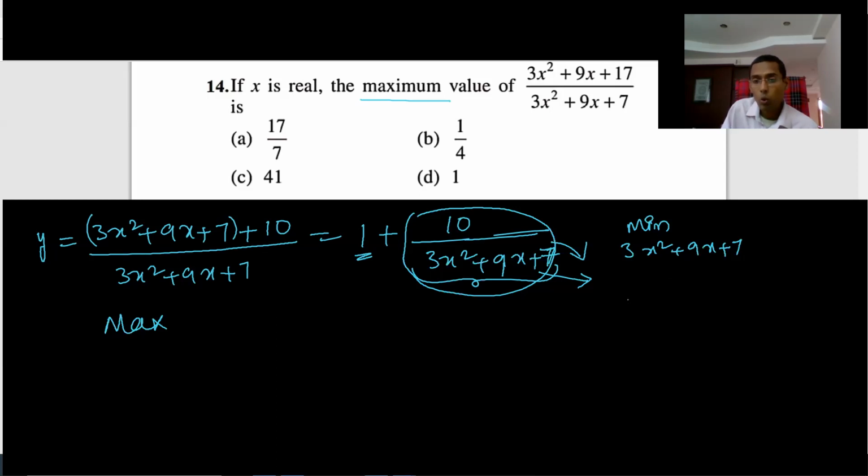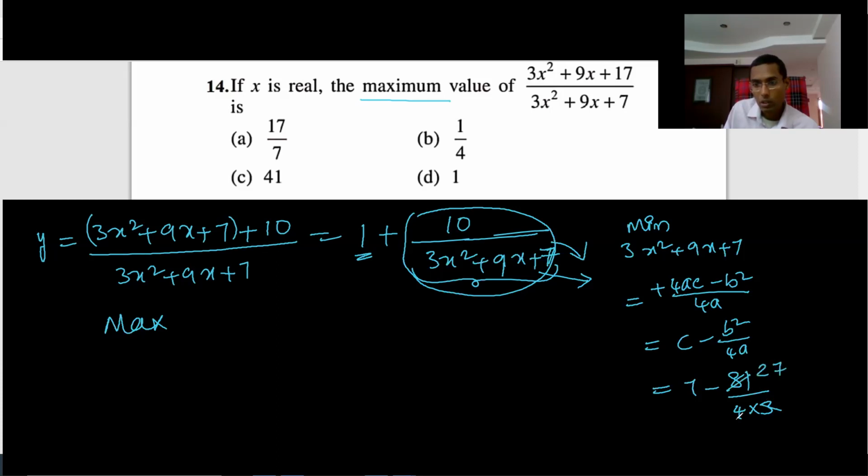What is the minimum value we need? Minus delta by 4a, that is 4ac minus b square by 4a. If you simply write c minus b square by 4a, what is c here? 7, minus b square, which is 81, by 4 into a, where a is 3. So 4 into 3 is 12, and 7 minus 81 by 12 gives 28 minus 27 by 4, which is 1 by 4.